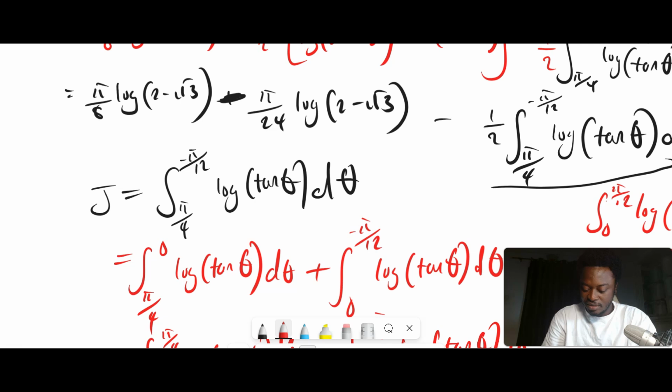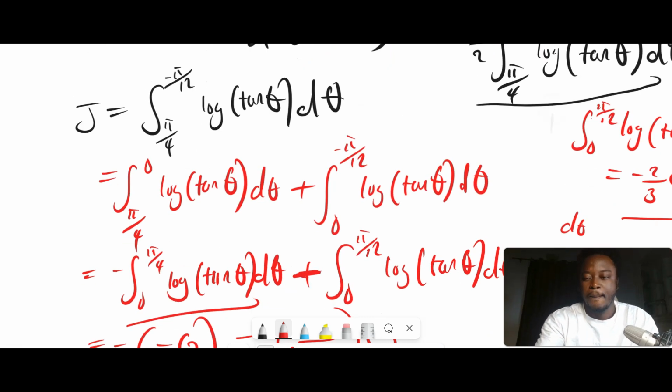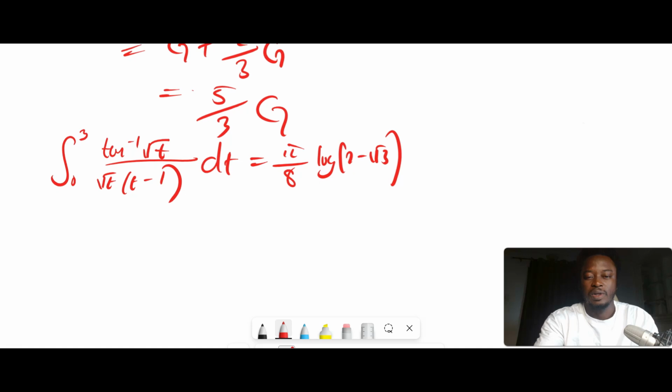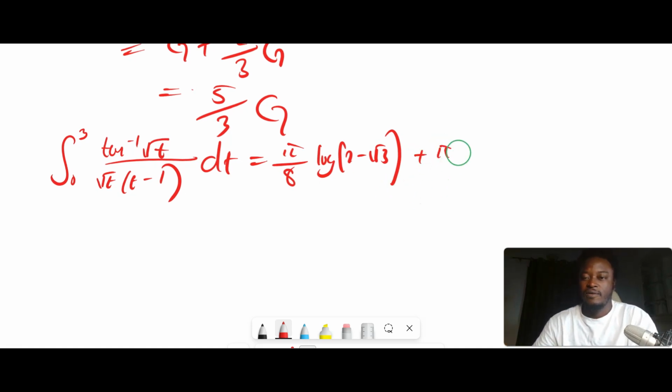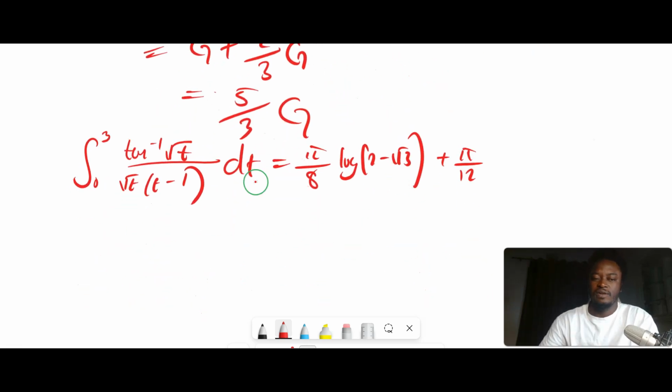Let me check. You have 1 over 8 minus 1 over 12. No, 1 over 24. 1 divided by 8 minus 1 divided by 24. So that is pi over 12. So this will be pi over 12 here.